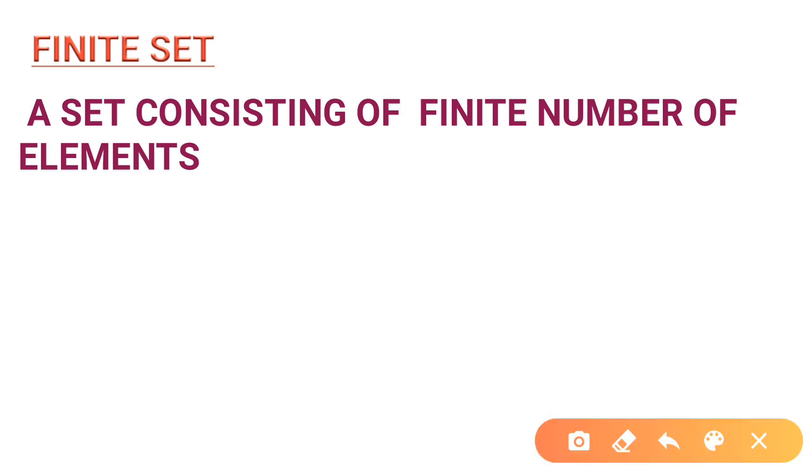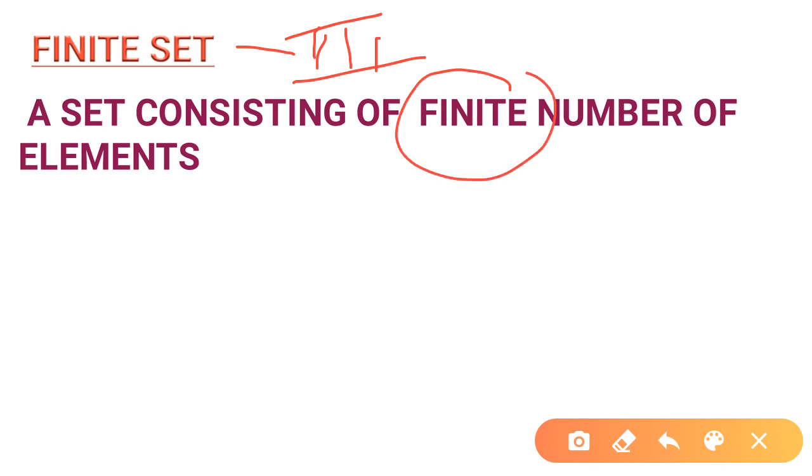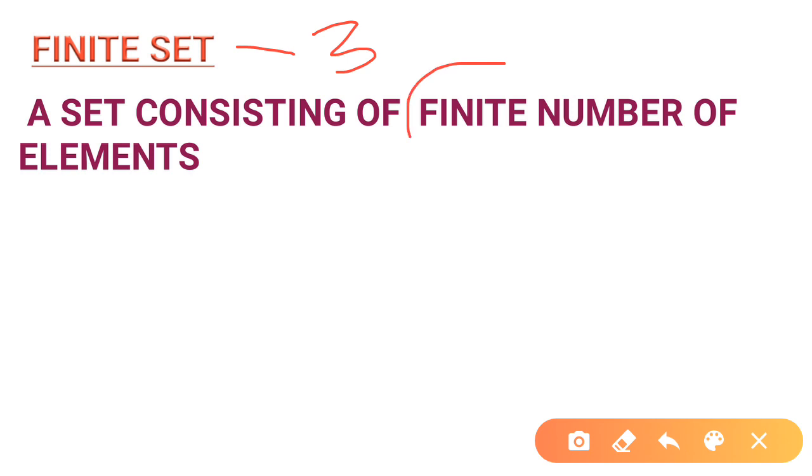The next one is the third type, the finite set. A finite set is a set consisting of a finite number of elements or objects.